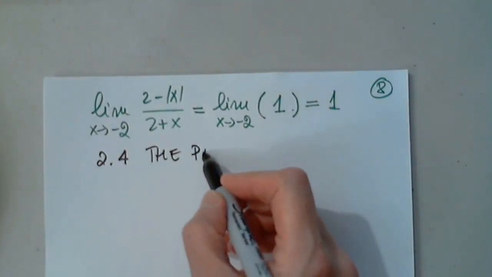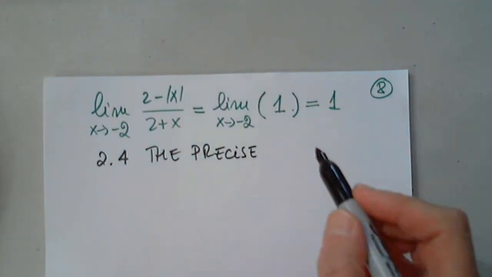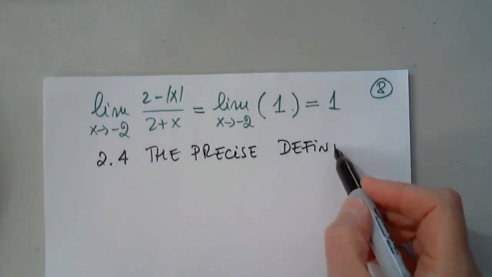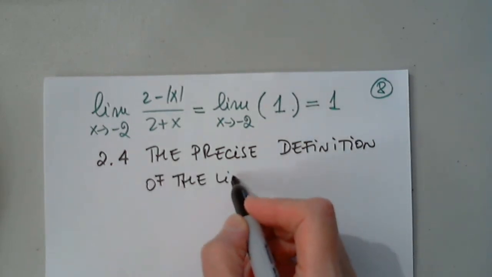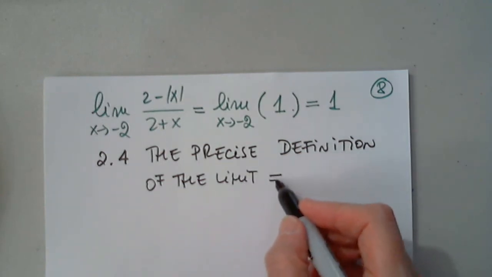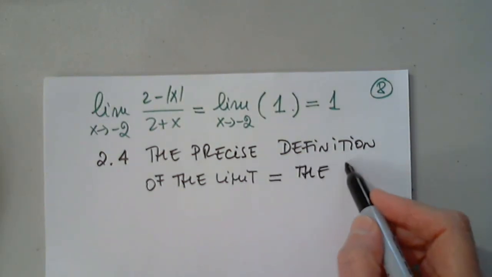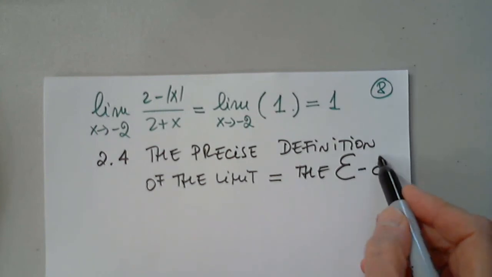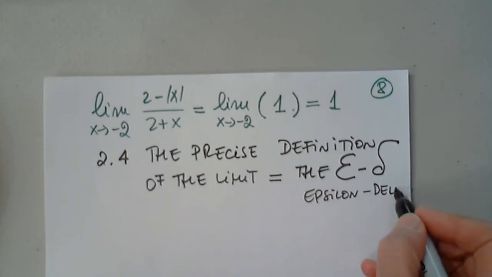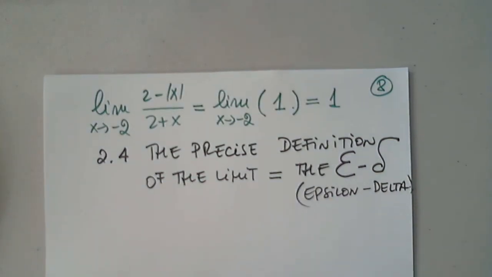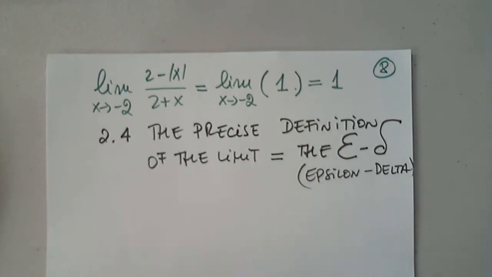The precise definition of the limit, also called the epsilon delta definition. So we either call it the precise definition of the limit, or we call it the epsilon delta definition of the limit.